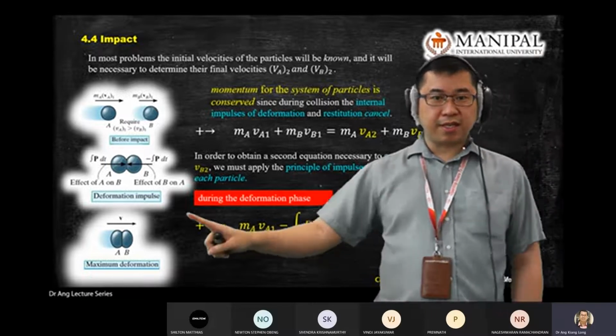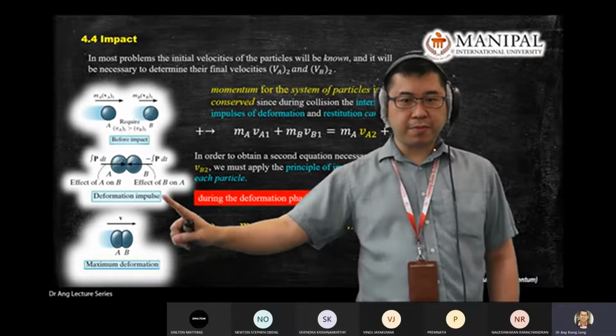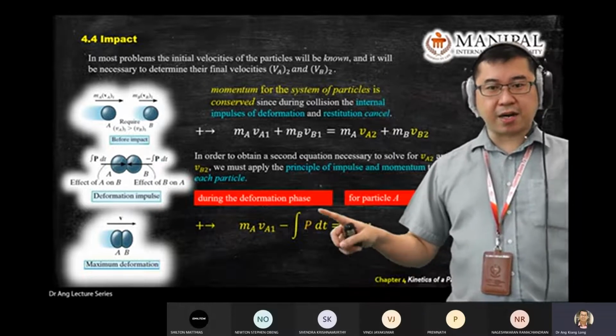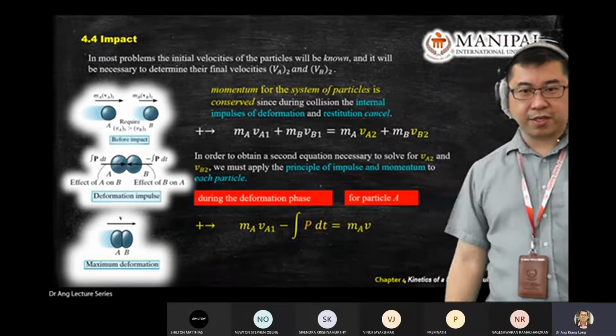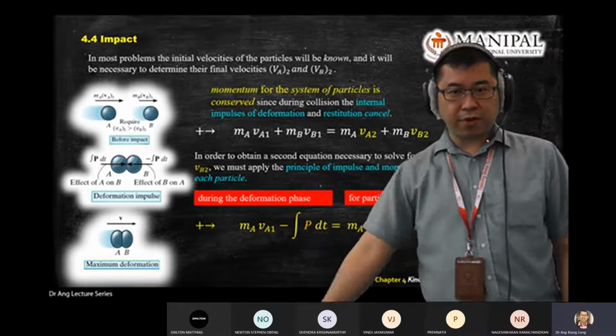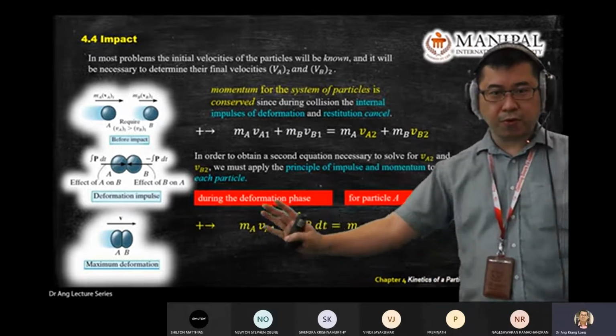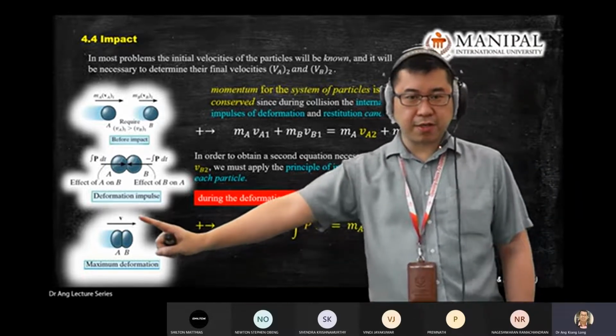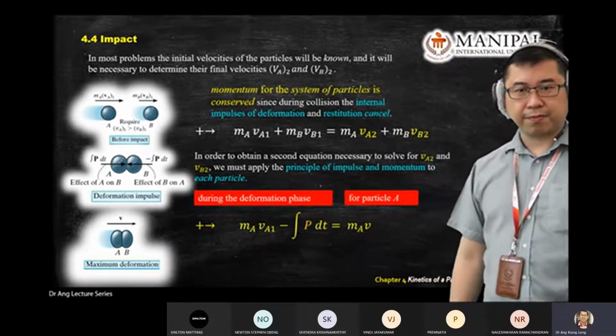P is before maximum deformation. So don't confuse. Later you will see R in one of the equations. This is before deformation, or before they move at the same speed, same velocity.